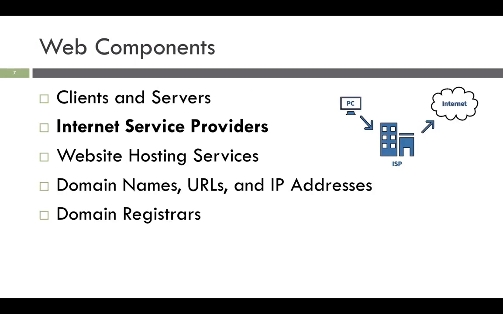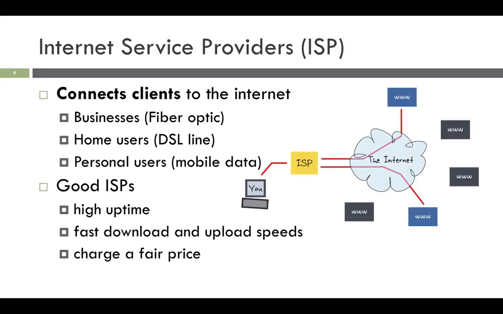Internet service providers, or ISPs, play a critical role in accessing web data. The job of an ISP is to connect clients to the Internet. There are different types and classes of ISPs. Some ISPs provide Internet access to large businesses and others provide access to home users.